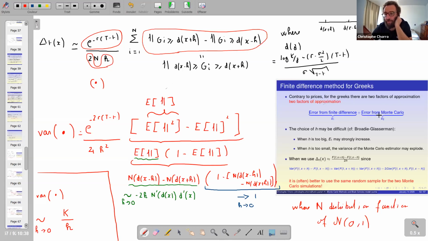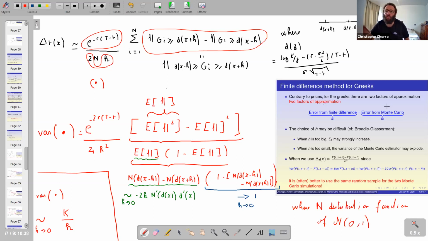So you have a big dilemma, because when h is too big, the first part of the error increases. If you take h too small, according to what I have computed here, h too small means a big variance, so a bad Monte Carlo approximation. So we are in a situation where, if I want to naively approximate delta by a finite difference scheme, the two approximations I make are in some sense in contradiction if I want to control my error.